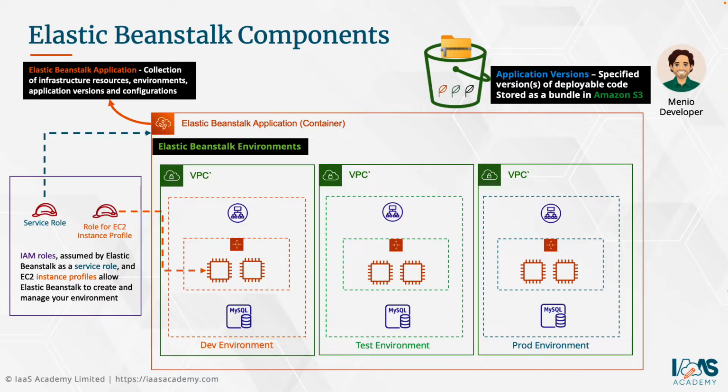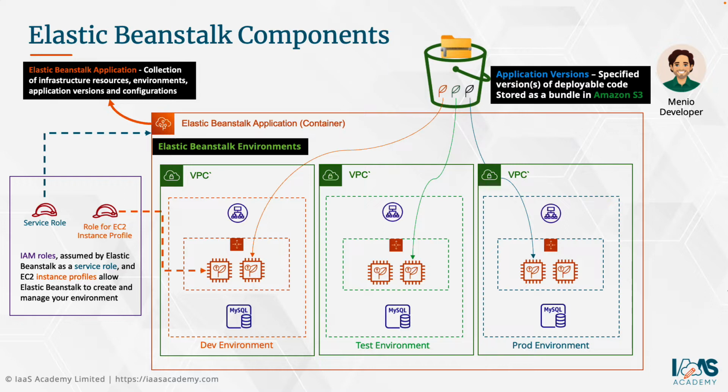Once this environment is configured and set up, Elastic Beanstalk will then go ahead and actually deploy your application versions to your environments and provision your application within those EC2 instances, ready for your users to be able to interact with them.